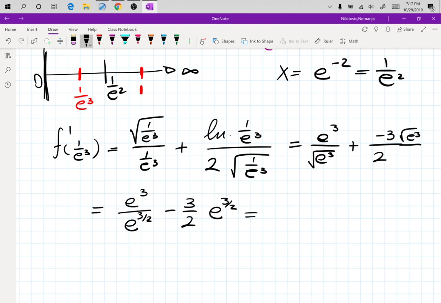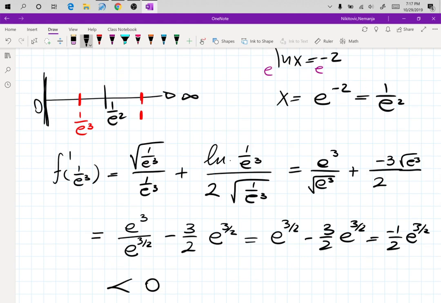Now when I combine these exponents, that's going to be e to the 3 halves minus 3 halves e to the 3 halves, which is negative 1/2 e to the 3 halves, which means that we have less than 0, and the function will be decreasing.